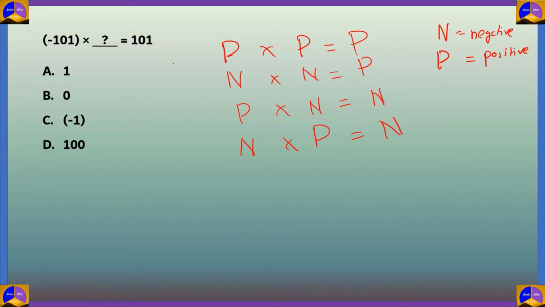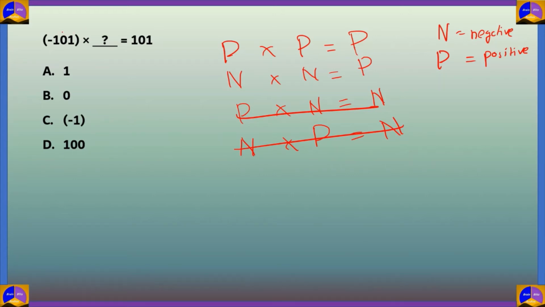Now, in this equation, we see that 101, that is the product, is positive. So we can cut the last two statements. So it will be either positive times positive or negative times negative.